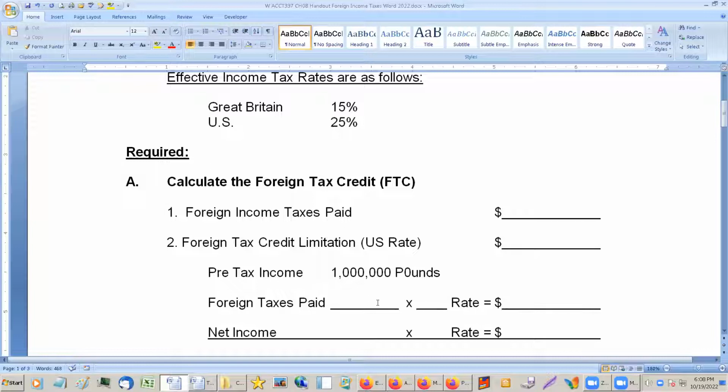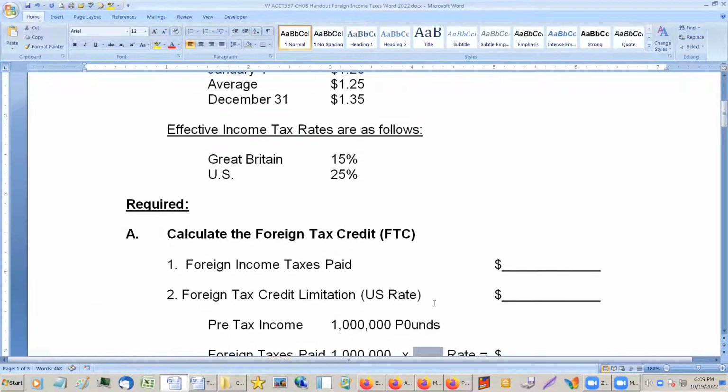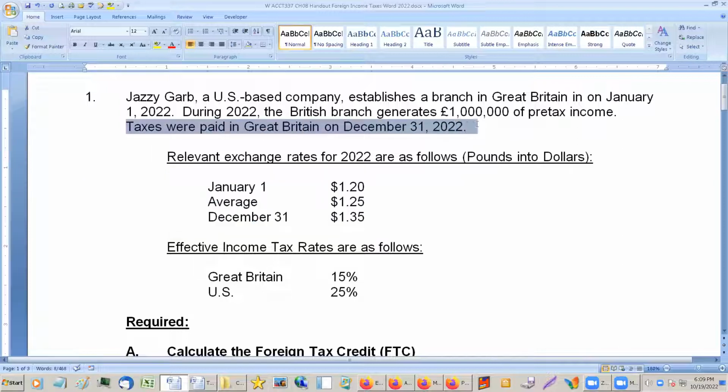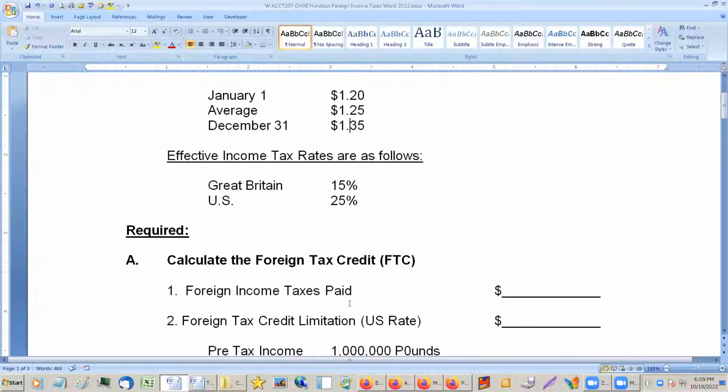And the foreign taxes paid will be 1 million times what rate do you think for converting it? It was paid on December 31st, so that would be the date we would use. And the rate was 1.35.